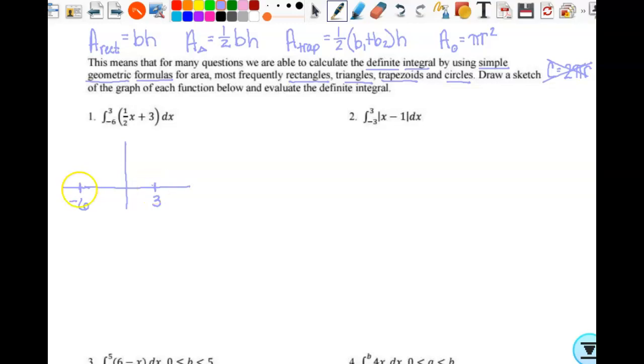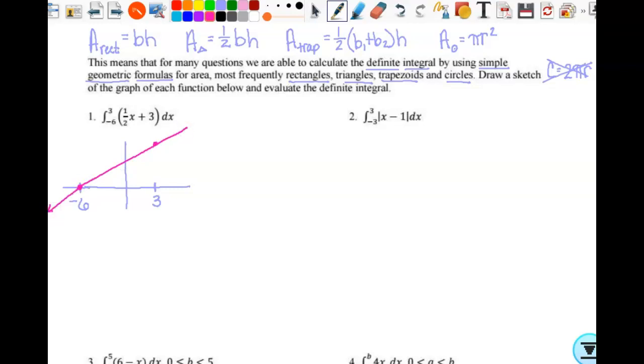So if I substitute in -6, what am I going to get? 0. Okay, so I'm here. If I substitute in 3, what am I going to get? 9/2. Okay, so we can say it's up here. That's something like this.